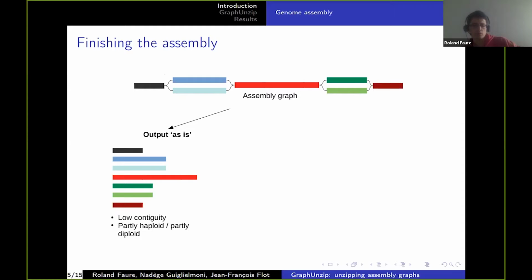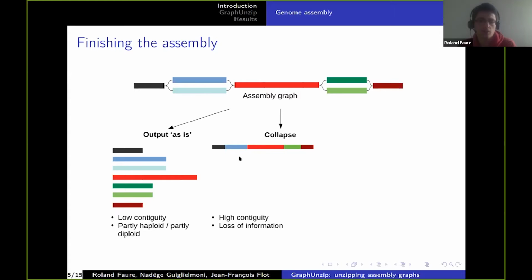The second strategy you can use is to collapse the assembly graph. Collapsing the assembly graph means that each time you have a choice between the two blue or the two green contigs, you choose one and you discard the other. This has the advantage of yielding a highly contiguous assembly with very long contigs. You see there that we recovered a contig that was the length of the original sequence.